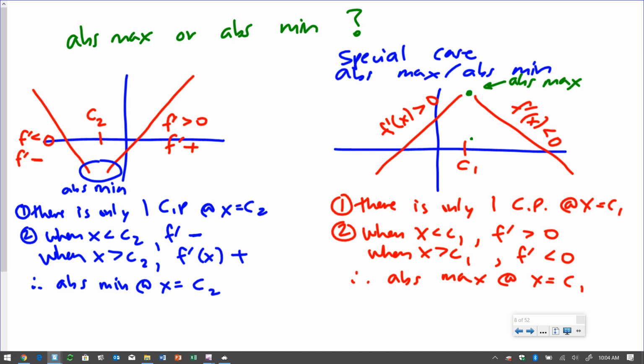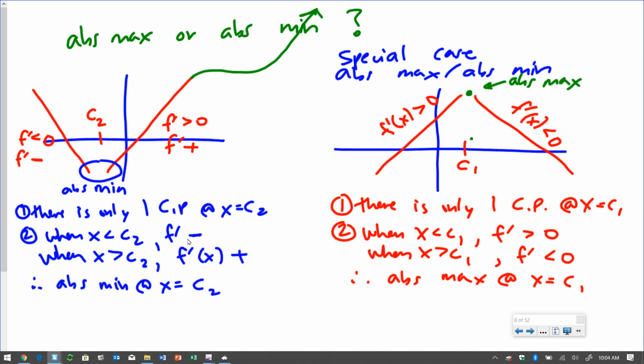Let's say there's more than one critical point. Let's say there's another critical point right here, a horizontal tangent line, and I keep moving up. Guys, do you see that this would still be the absolute min?